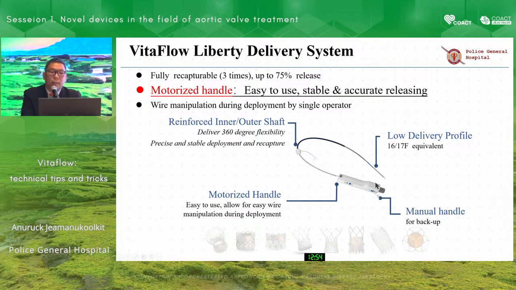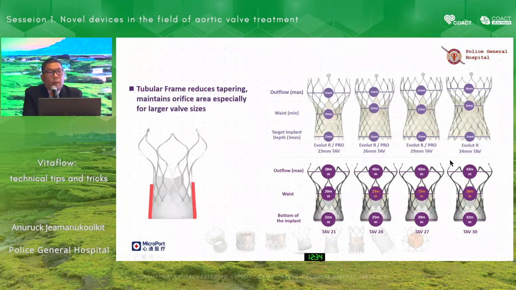Another thing is the catheter moves freely, so it doesn't jump much like the Evolut R, from the original idea of the self-expandable. But the trade-off, the thing that I don't like, is that the size of the catheter will be bigger than other valves in the market.